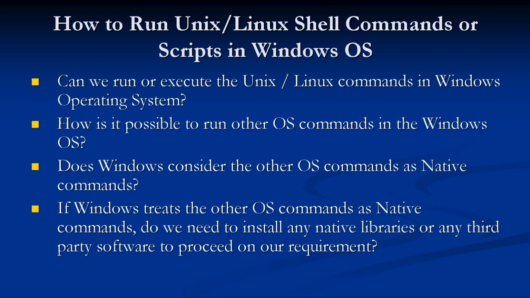So shell commands or shell scripts, which are related to the Unix operating system, are native to Unix or Linux, not to Windows, right? Then we may consider Unix shell commands or scripts as non-native to Windows. Let's see how Windows will allow us to execute Unix shell scripts or shell commands in an easy and smooth way.